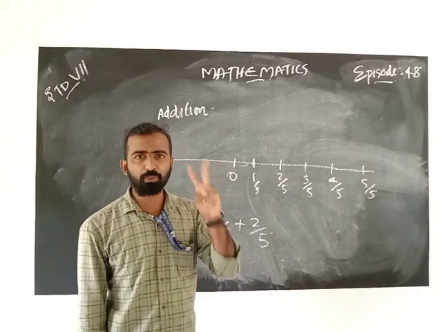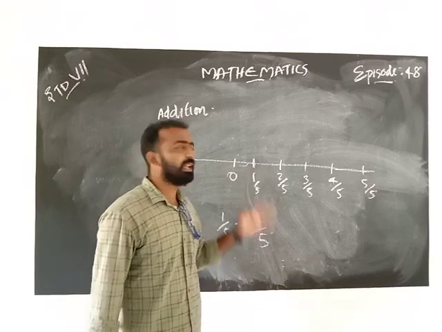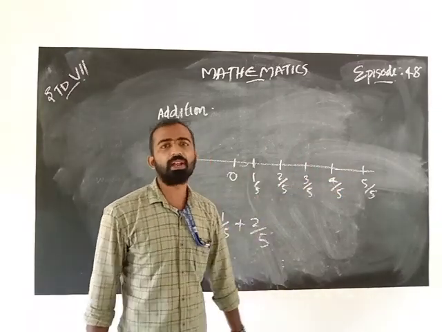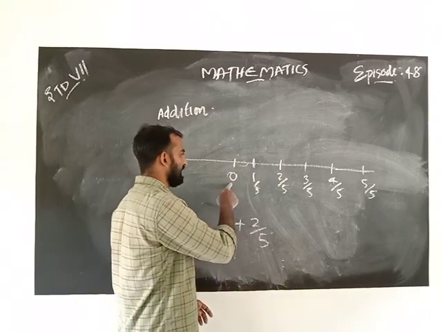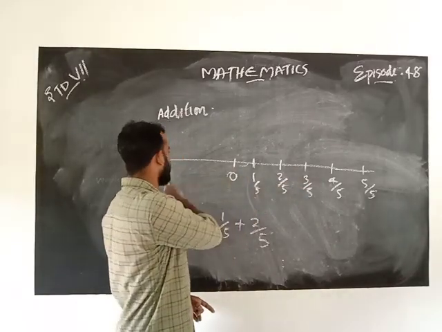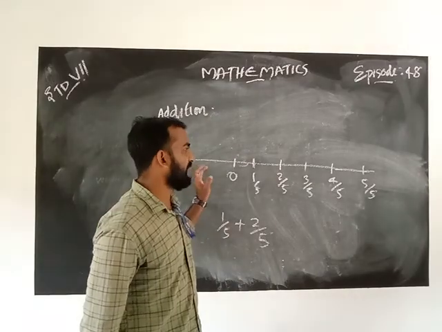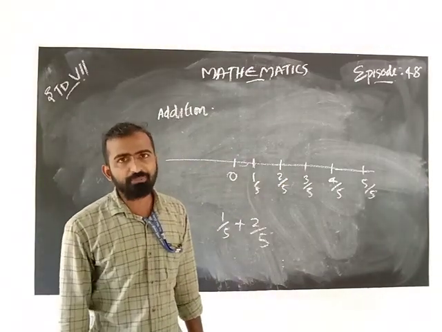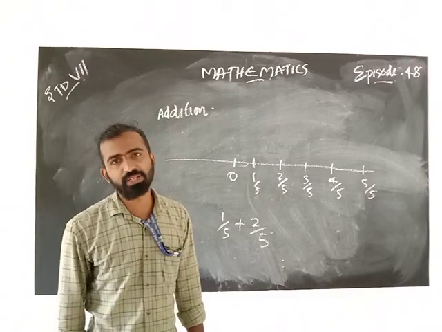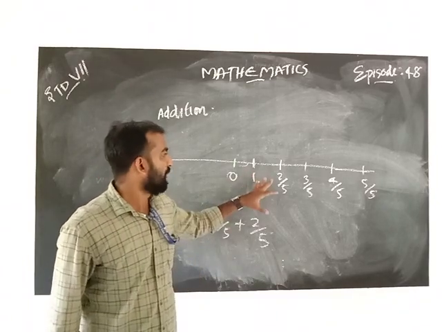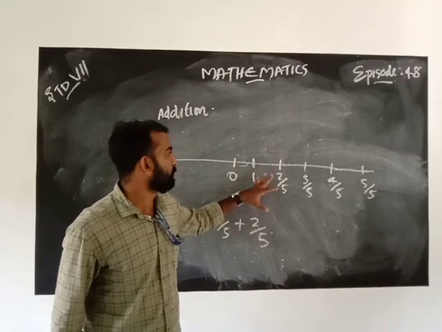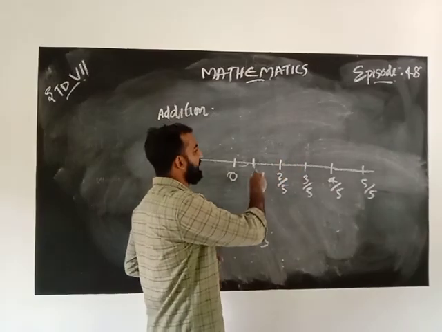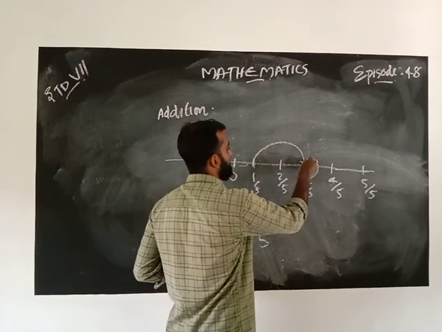When we add two positive rational numbers, the result lies to the right on the number line. The right side means right of 0, and this side is left of 0. When we add 2 by 5, 1 by 5 is here and 2 by 5 is here, and the answer is 3 by 5.